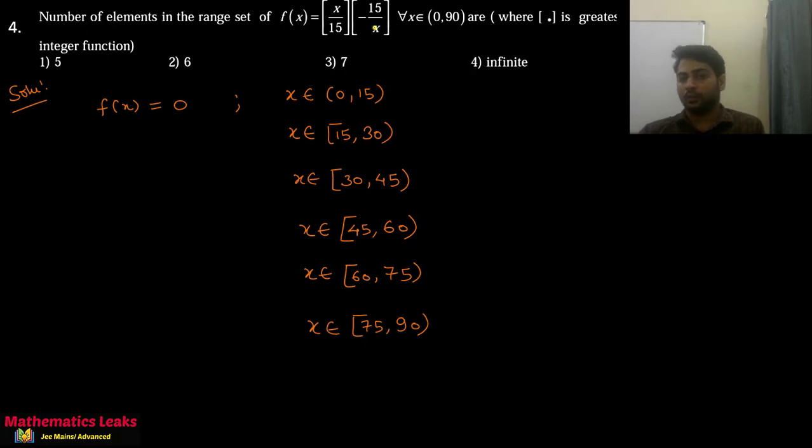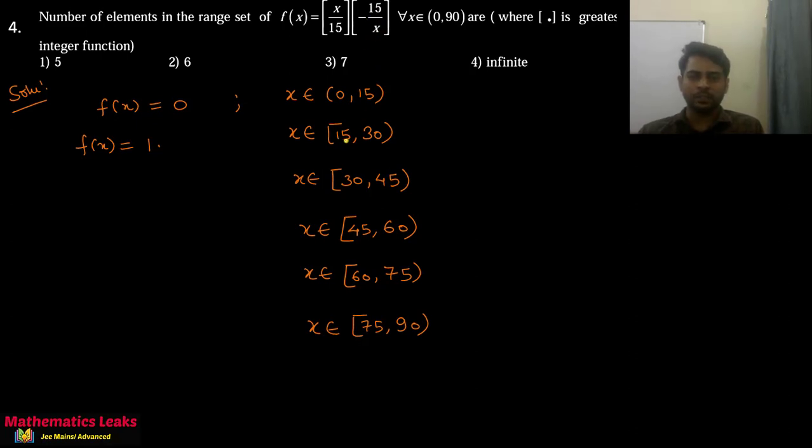What about the second quantity? Now we have to observe here. The numerator is exactly 15. Just write down: when x is in the closed interval 15 to 30, the first quantity is 1, times the second quantity. At 15, -15/15 is -1, so the greatest integer is -1.